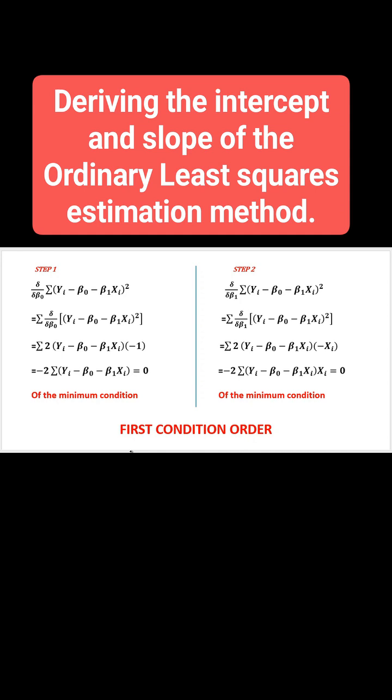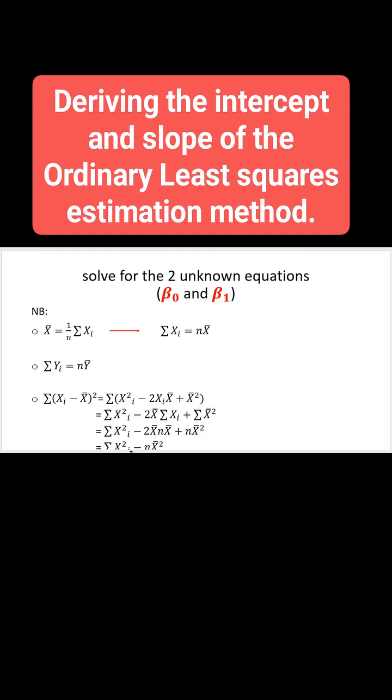So you would use the chain rule and take out the xi, which would be negative, and multiply the whole equation, giving you a derivative which is -2 sigma of yi minus beta 0 minus beta 1 xi times xi, equal to 0 as the minimum condition, right? So we'd call this the first order condition.